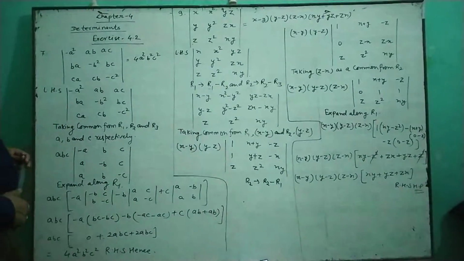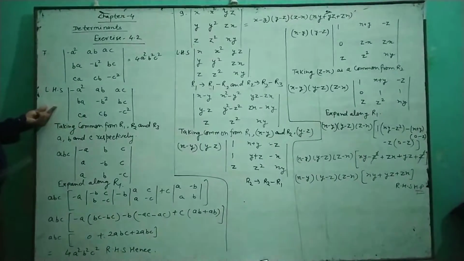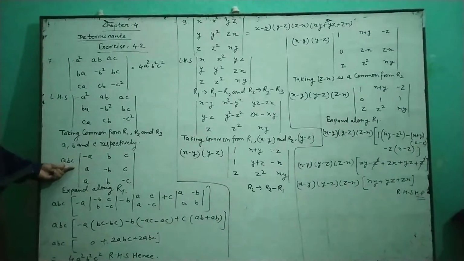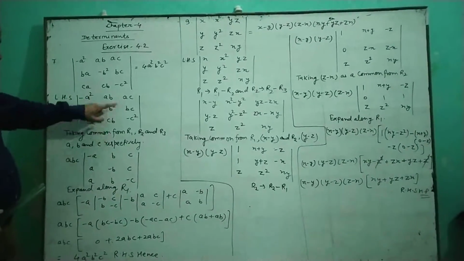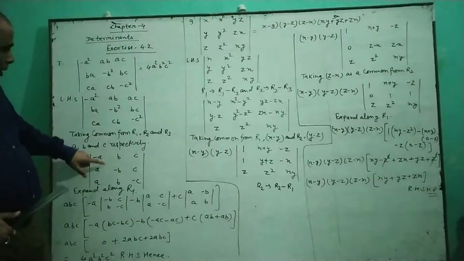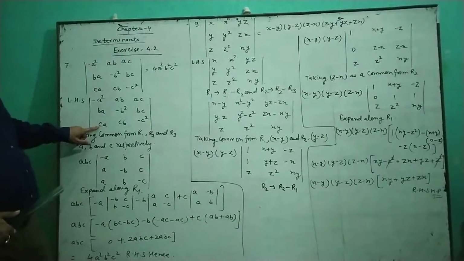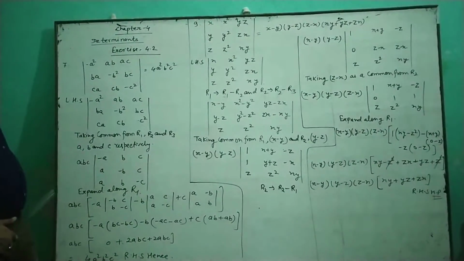Now when we take common a from here, b from here, c from here, we get abc outside the determinant. Now minus a, b and c will be left. Here b will get common, so a, minus b and c will be left. Here c will get common, so here a, b and minus c will be left.